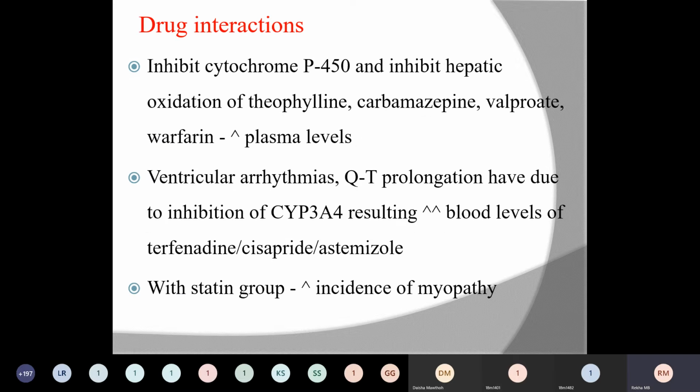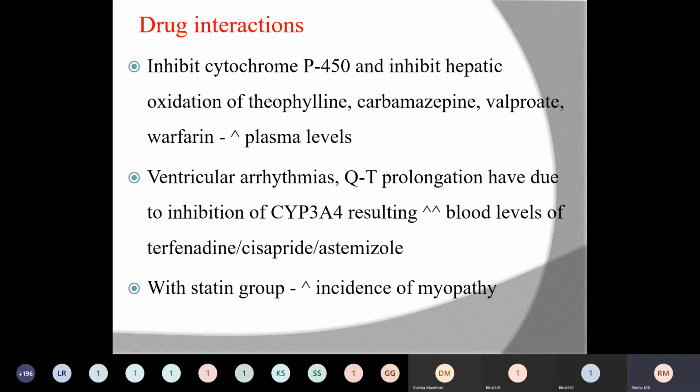Drug interaction. So you all know erythromycin is an enzyme inhibitor. So it inhibits cytochrome P450 and thereby it will inhibit the metabolism of theophylline, carbamazepine, valproate and warfarin, resulting in their toxicity. With terfenadine and astemizole, which are antihistaminics, and with cisapride, which is a prokinetic drug, it is known to cause QT prolongation or what we call torsades de pointes.